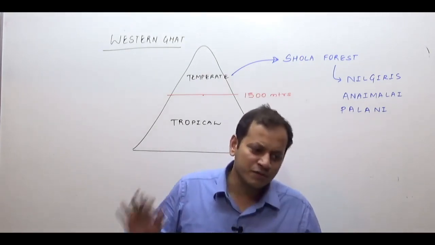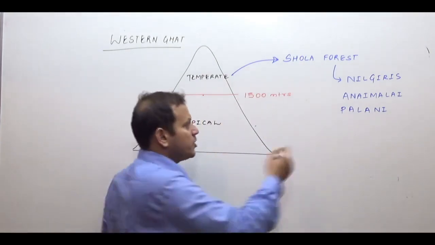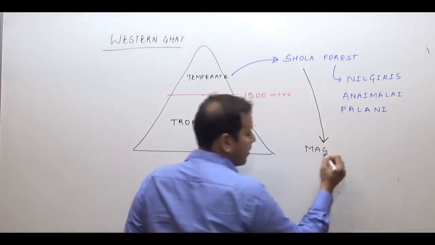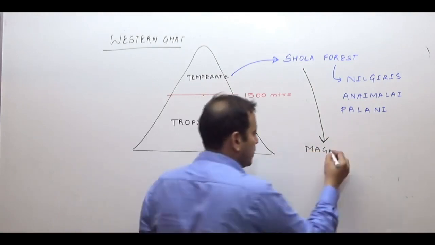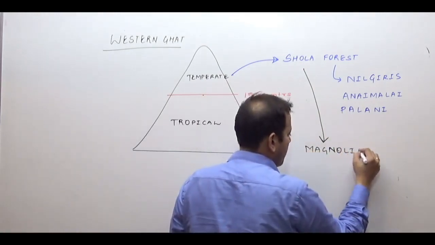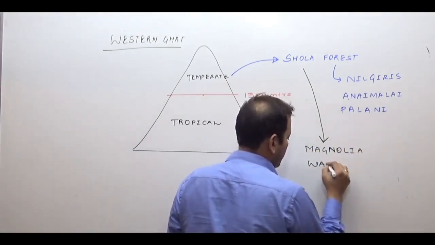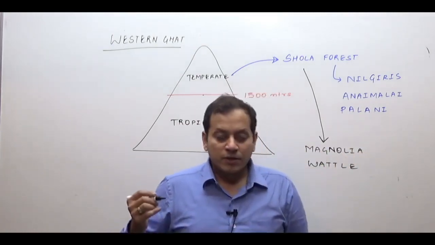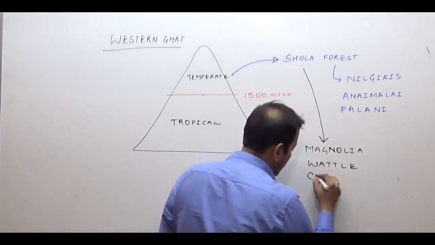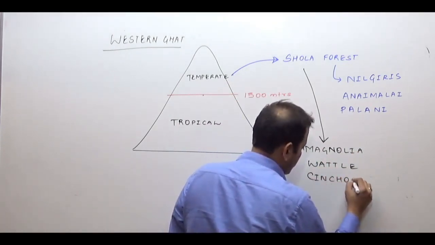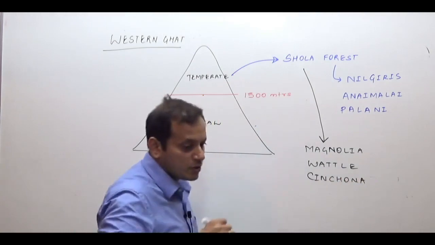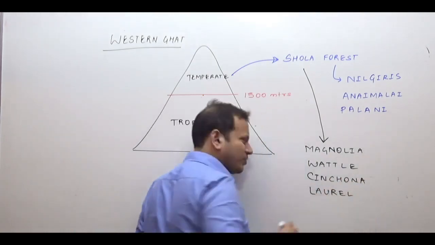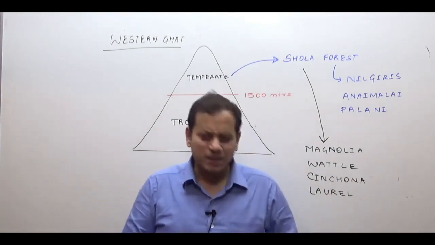But the important species of the Shola forest are Magnolia, wattle, Cinchona, and laurel. See, these are the species.